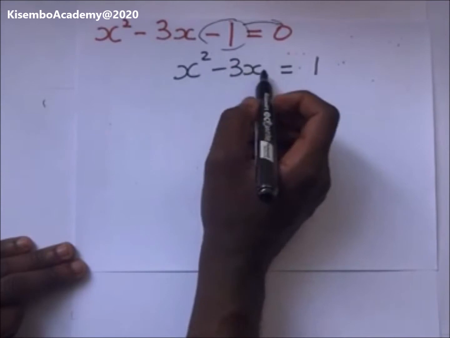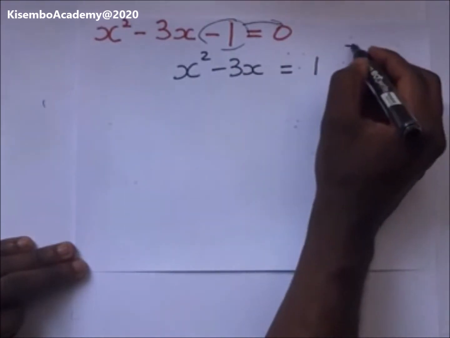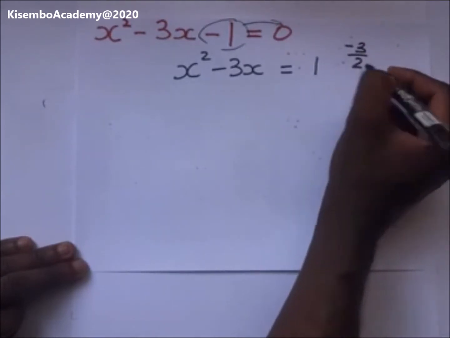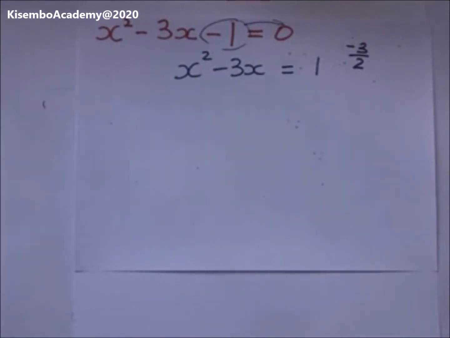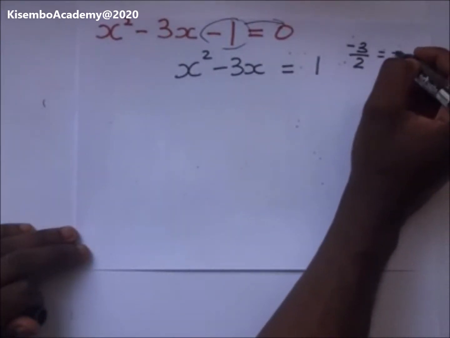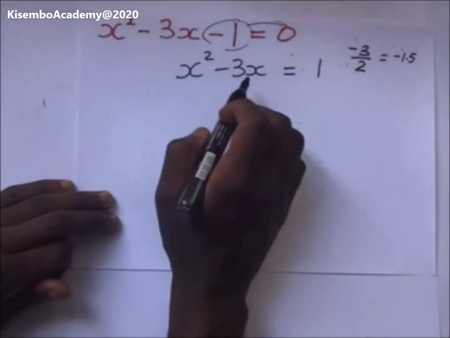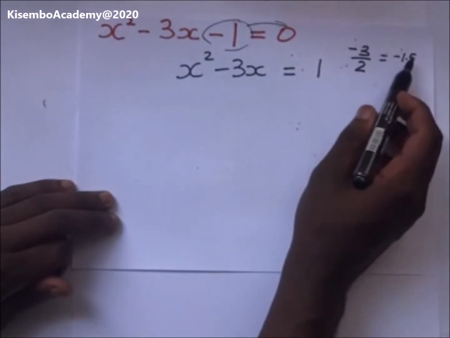at this level we see the coefficient of x, which is -3. So we see -3. We divide it by 2. Of course, -3 divided by 2 is going to be equal to -1.5. So for us to get the perfect square here is -3 divided by 2 to get -1.5.